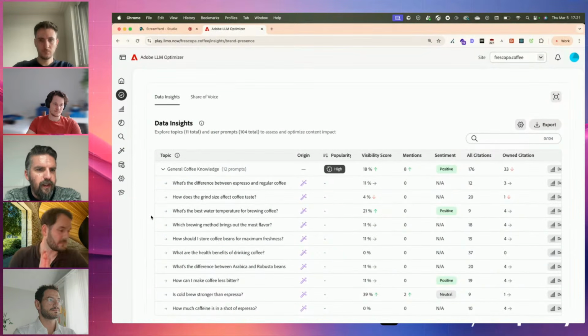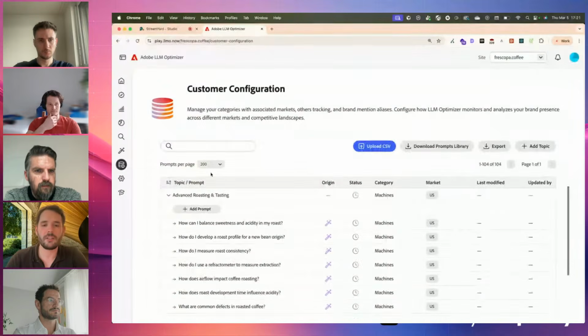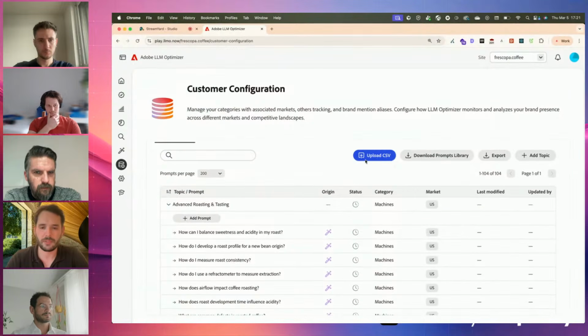Yes, that's a very good question. That's the starting point of the tool, and there are different ways. You can see this little magic wand, which means it's been generated by the system. You can also go into your customer configuration and upload prompts yourself.